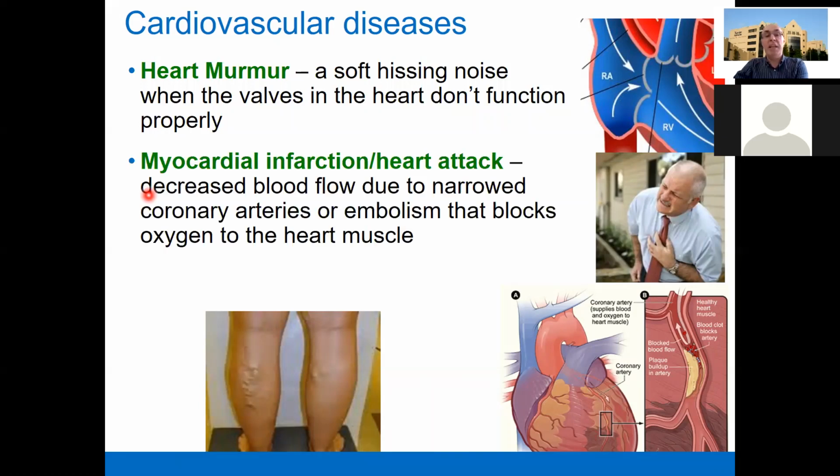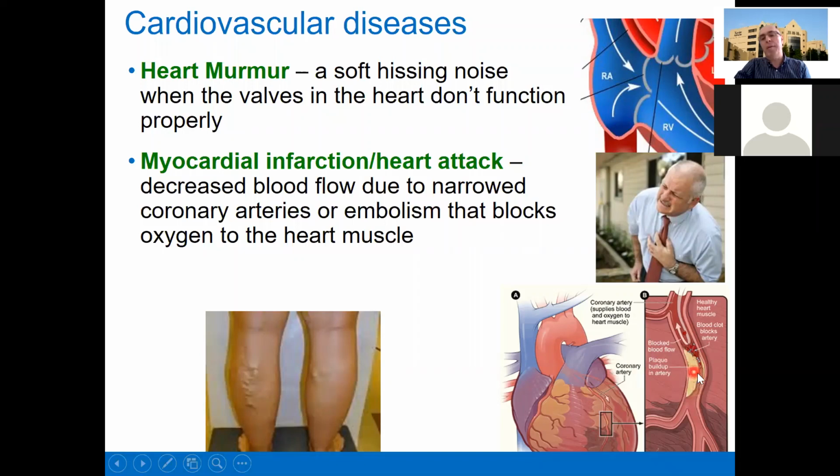Myocardial infarction, which we also call a heart attack, is the most important cardiovascular disease. It is caused by decreased blood flow due to narrowed coronary arteries, as you see in the picture on the right corner.